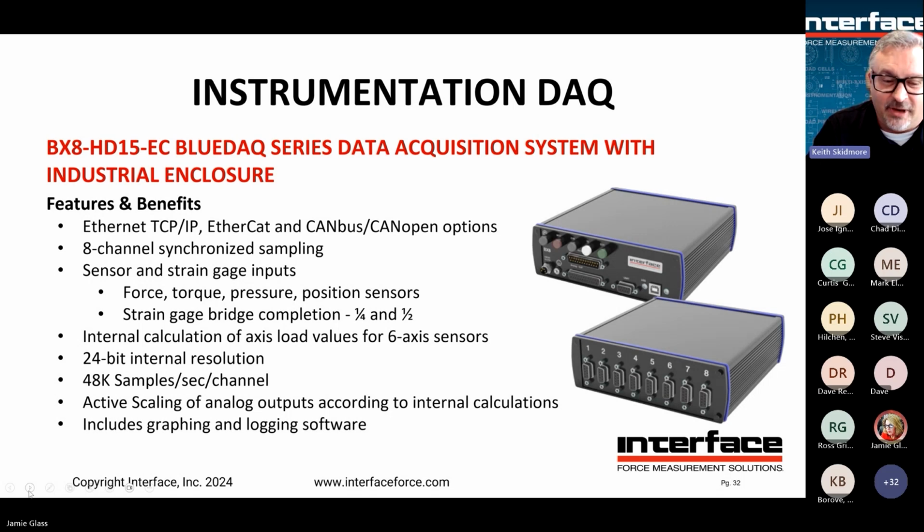These are nice, 24-bit, 48,000 samples per second per channel, and the samples are synchronous, so all the channels are clocked and sampling at 48,000 samples per second. And if you have multiples of these boxes, they can all be synchronized together, so they're all sampling synchronously. And these include graphing and logging software and configuration software.